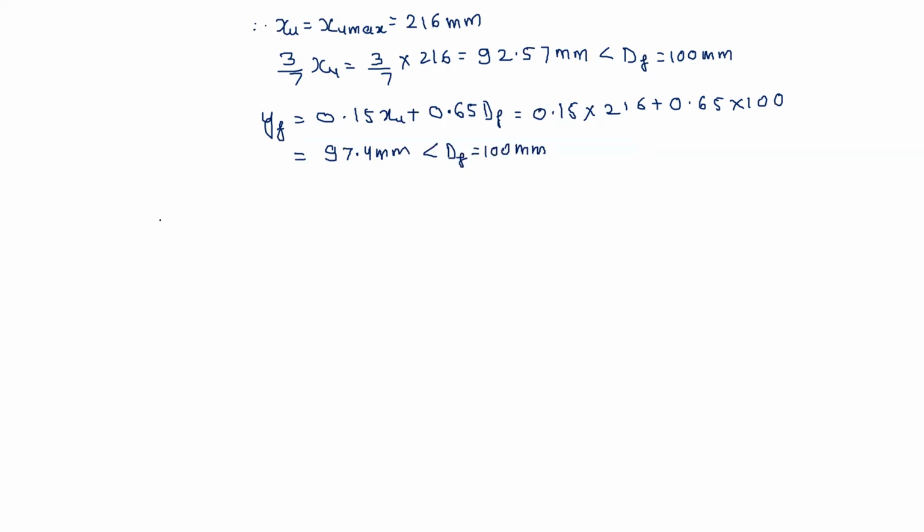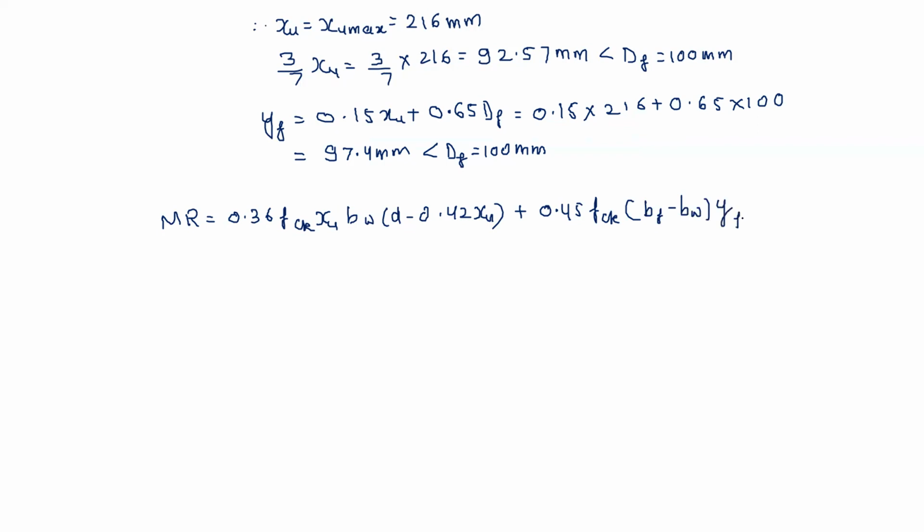And therefore we will find MR, that is equal to 0.36 FCK XU BW in bracket D minus 0.42 XU plus 0.45 FCK into BF minus BW into YF in bracket D minus YF by 2. DF we will replace by YF.